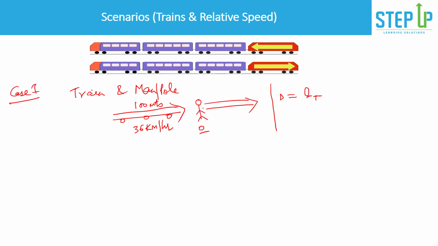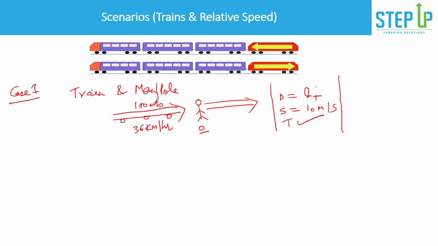Because the breadth of this person or the pole is insignificant compared to the length of the train. So the train covers a distance equal to its length. The speed is already given, that means 36 km per hour, which you can convert into meters per second, so 10 meters per second, and you can calculate the time. So this is one scenario that will come.